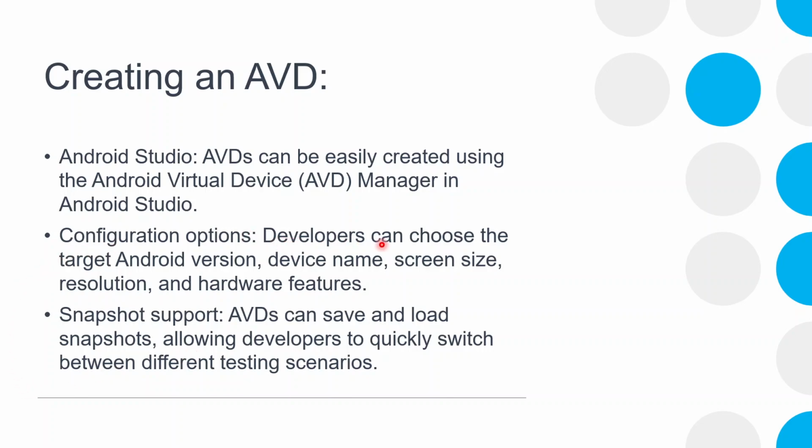The developer can choose the target Android SDK, device name, screen size, resolution, and hardware features. For snapshot support, an AVD can also save and load snapshots. We can take a snapshot of bugs in any application, allowing the developer to quickly switch between testing scenarios. We just need to debug our application while using the Android virtual devices, and we can take snapshots also. That's how we can create AVDs.